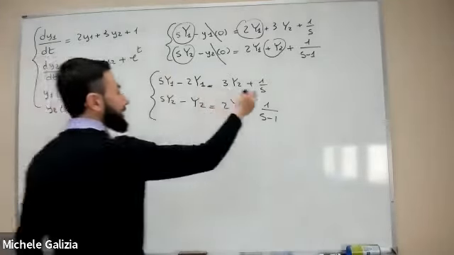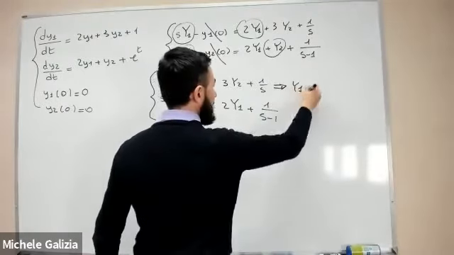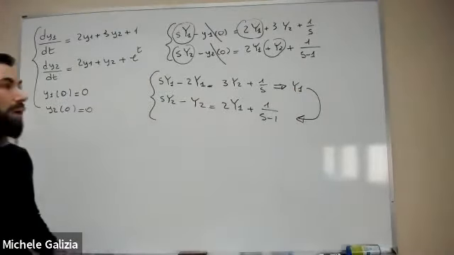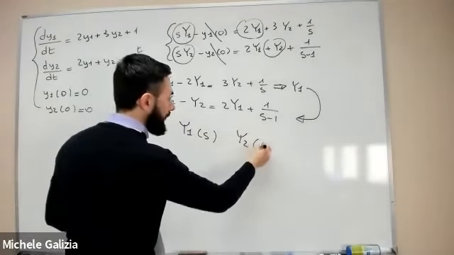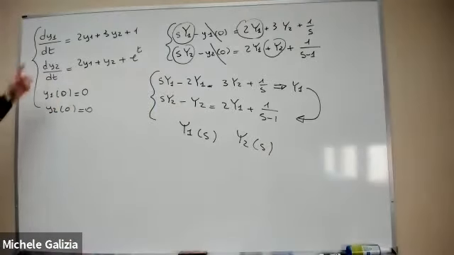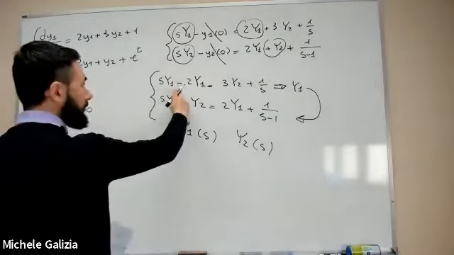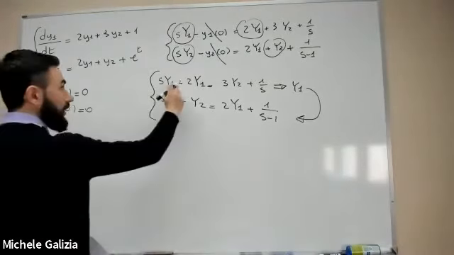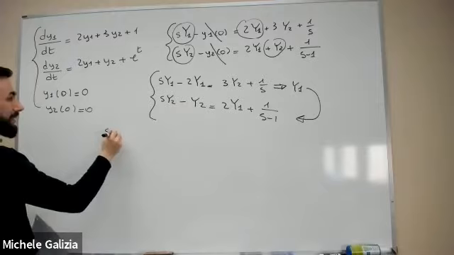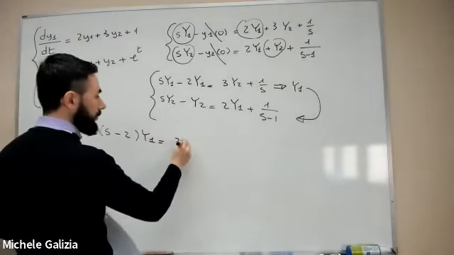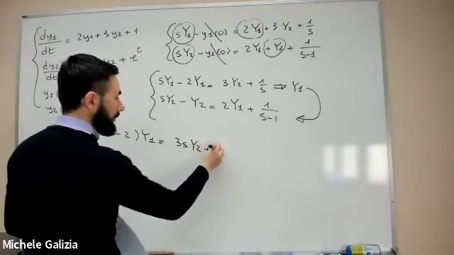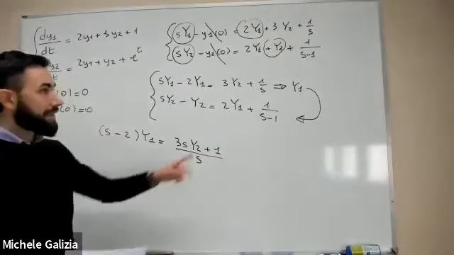Okay. So now what I have to do is, for example, retrieve y1 from this and replace in the second, because we want to find y1 as a function of s and y2 as a function of s. We want to find the two outputs, the two unknowns in the Laplace domain. And so from the first, I get s minus 2 times y1 equal to 3y2 plus 1 over s.